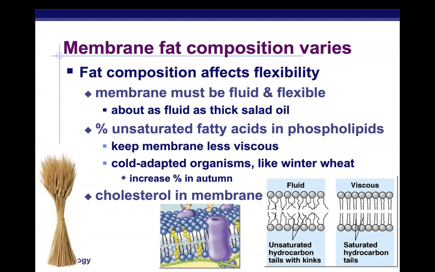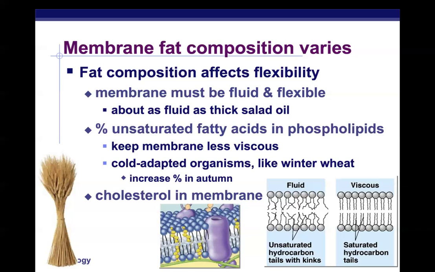Now, the percentage of unsaturated fatty acids in the phospholipids determines in part how flexible they are. So if a plasma membrane has more unsaturated fatty acids as part of their phospholipids, the membrane is less viscous. That means it's less thick and it's more fluid.